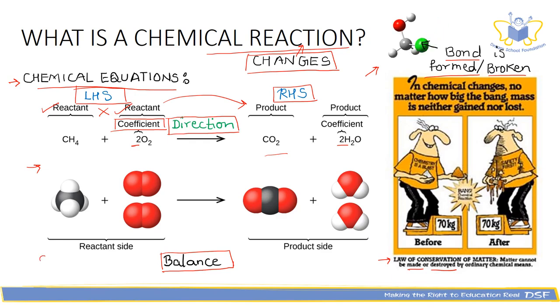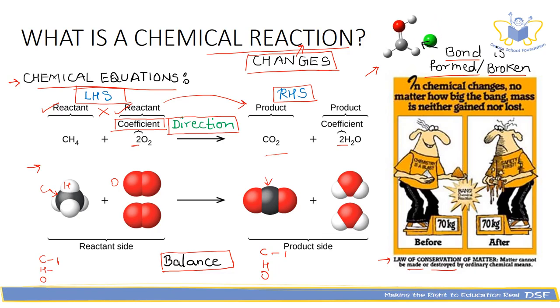We have carbon, hydrogen, and oxygen. This is carbon, correct? So we have one carbon out here and one carbon on the right hand side also. So carbon on each side is the same.